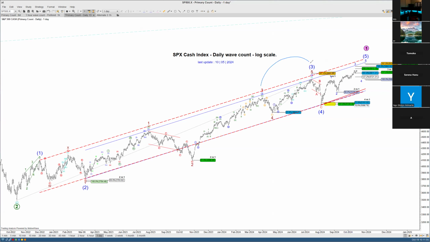If I move this 3 here, that's what you're telling me. But this is one smaller degree.